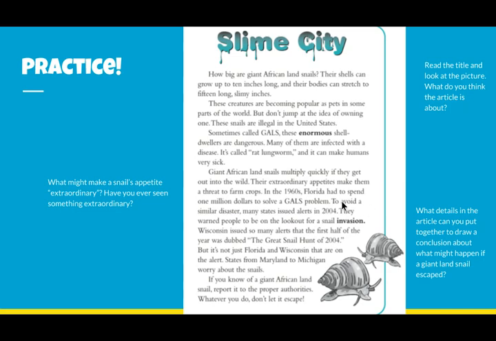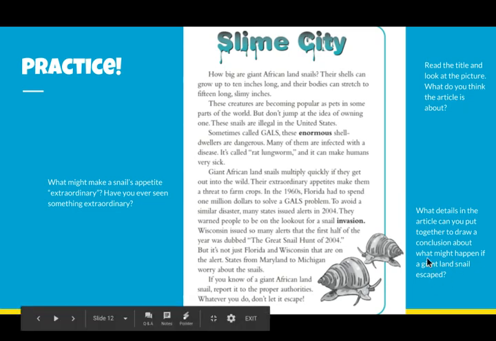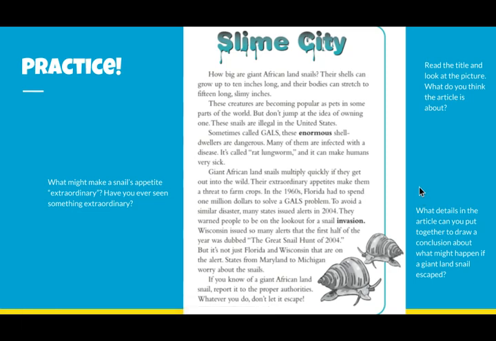I also see that they have extraordinary appetites that make them a threat to farm crops. So that tells me another conclusion I can make is that if giant land snails escaped, they would eat a lot of these crops and probably cost the farmers lots of money. So these are some conclusions I can come to.